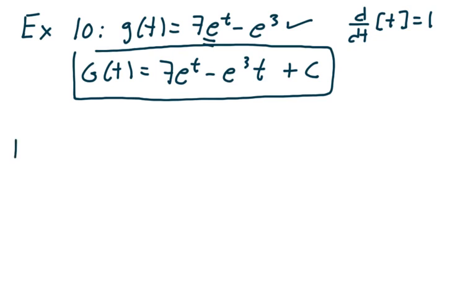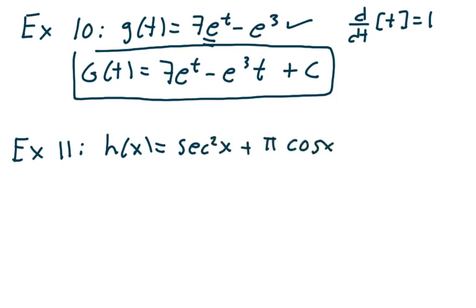Let's do this one. Suppose I had h of x is secant squared x plus pi cosine x. So capital H of x, if I want the antiderivative, think of a function whose derivative is secant squared x.